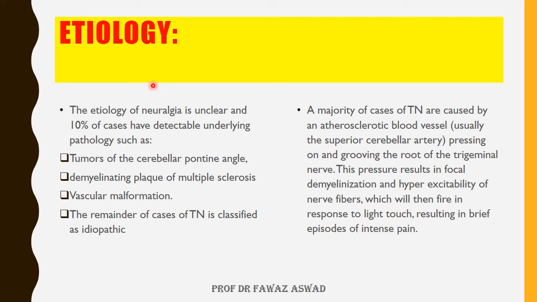But studies have shown, in only a small number of patients, that there is an intracranial lesion, for example a tumor of the cerebellopontine angle, or demyelination, which occurs in multiple sclerosis (MS). In rare cases, a vascular malformation may be taken into consideration, and most other cases are considered idiopathic. We could not demonstrate any etiological factors.